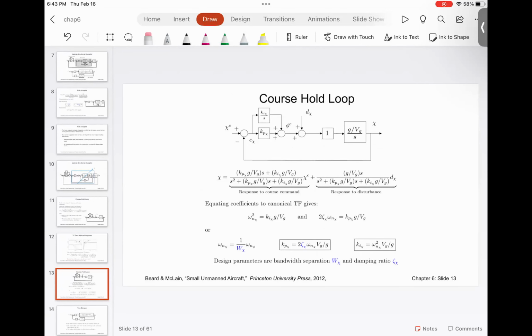Okay, going back to the course hold loop, you realize that again you have a transfer function that looks similar to the transfer function of a second order system. And then what you do is you tune the Kpx and you tune the Kix so that the inner loop becomes 1.